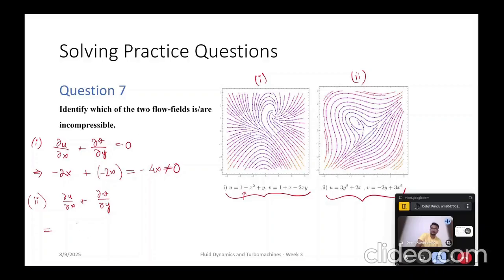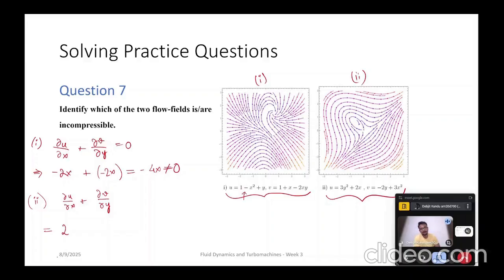So dou u dou x, in this case, u is 3y squared plus 2x, so its derivative with respect to x should be 2.